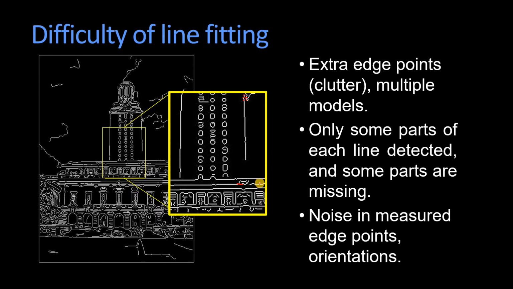That's a big problem. The third reason that is very common in edge images is the noise that occurs in the edge points or their orientations. So for example, if you see over here, this is a line. All of us know that this is the line that represents the edge or the boundary of the building. So it should be a straight line, but practically there are always ups and downs.